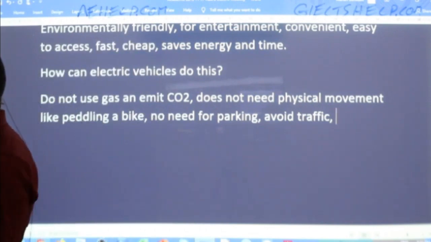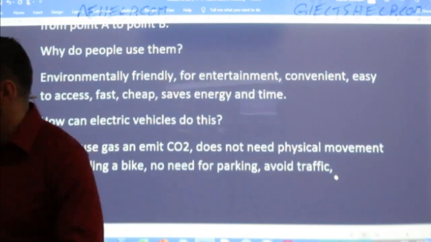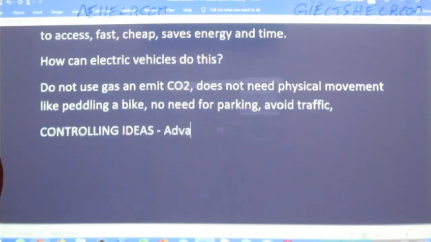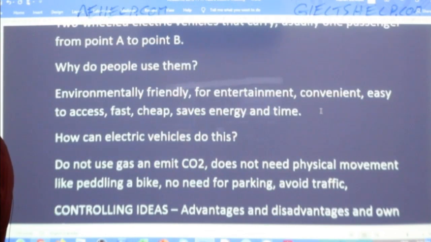All right, so you're probably realizing that we're already into some of the advantages. So if I go on to the controlling ideas, then this one here, the Y, is already the advantages.